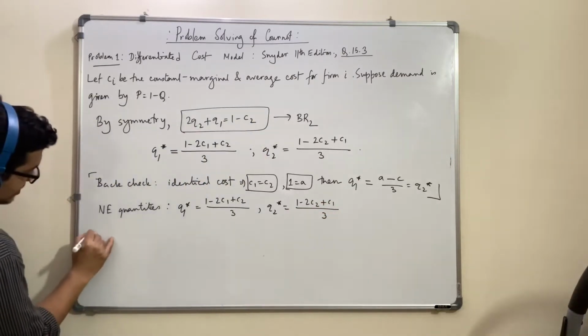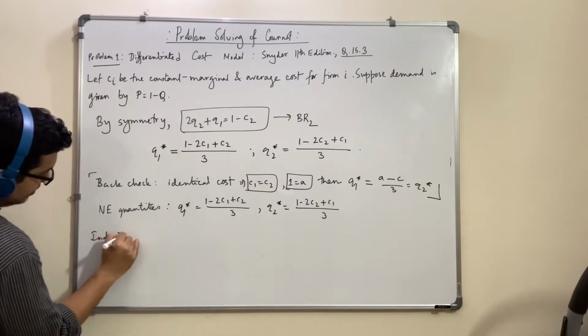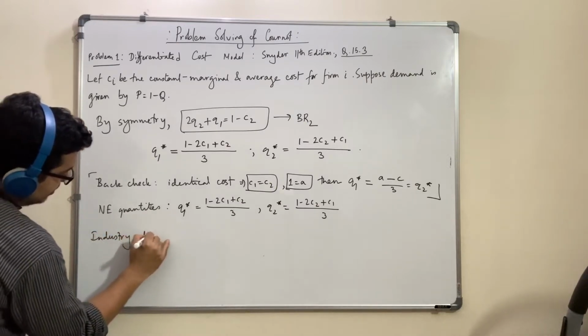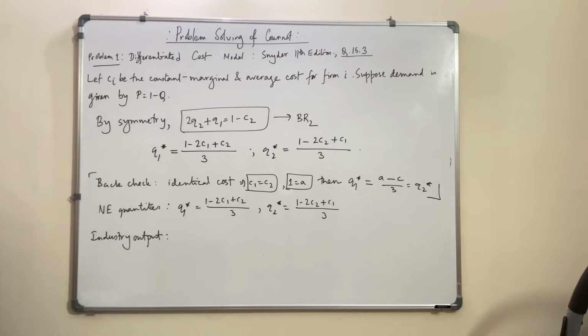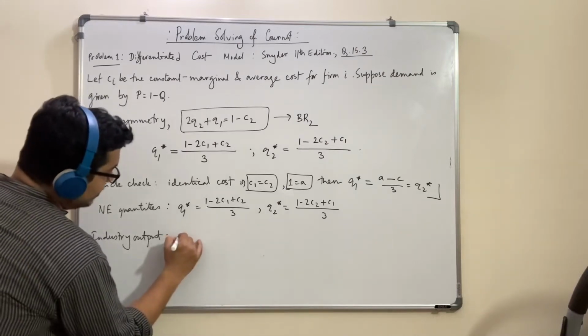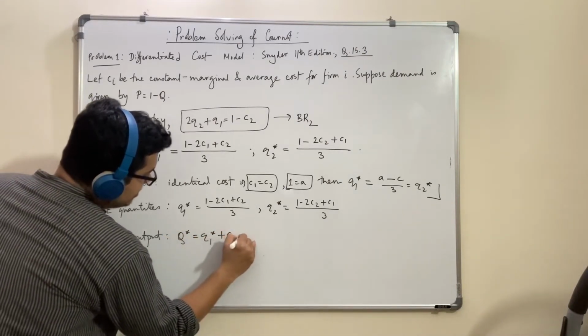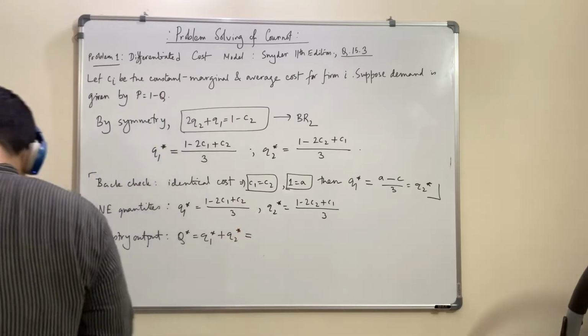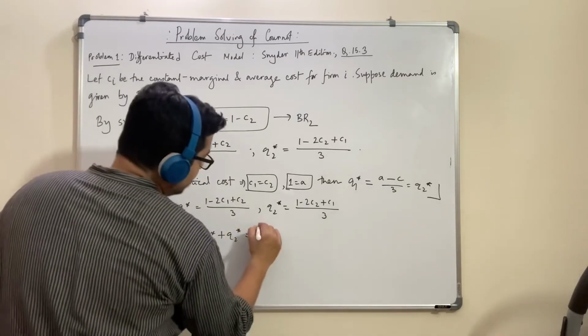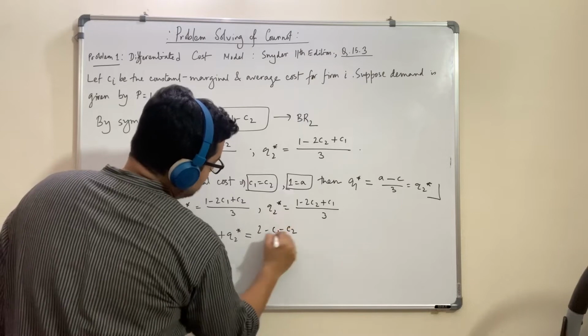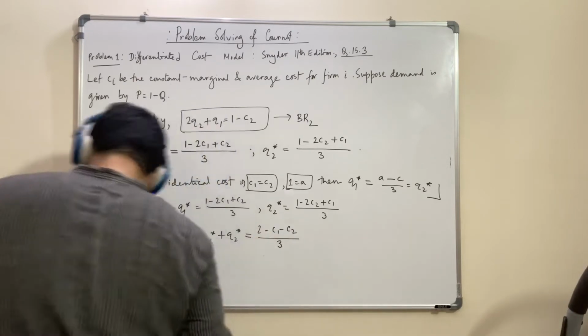Then industry output, there are only two firms, right? Or market output, whatever. That will be Q star, which is q1 star plus q2 star. If we add them up, it will be (2 minus C1 minus C2) divided by 3.